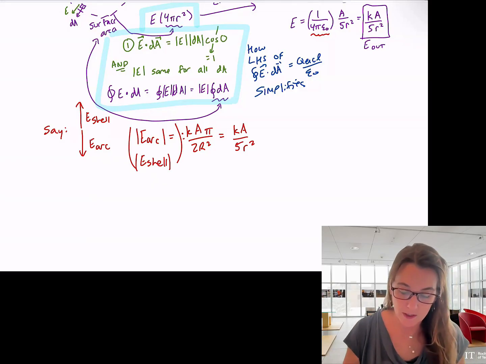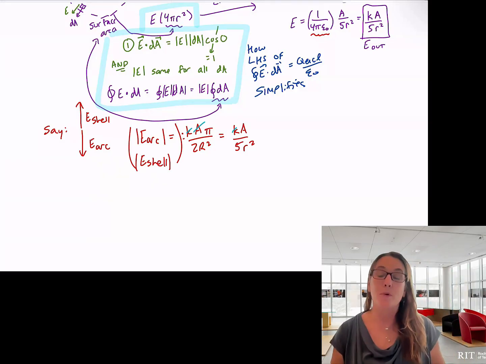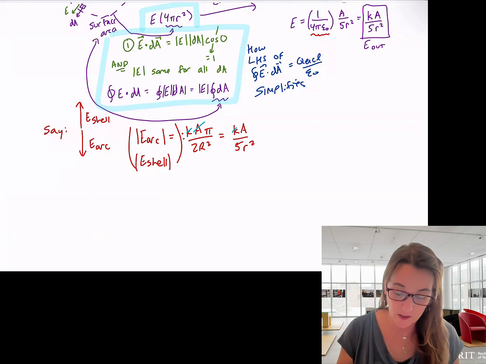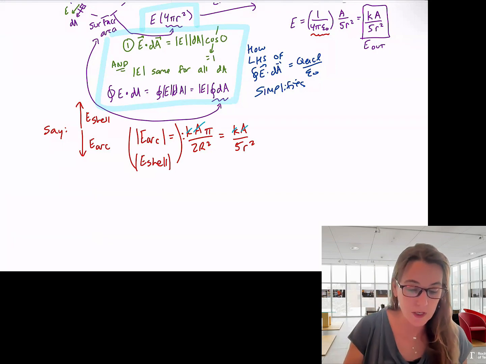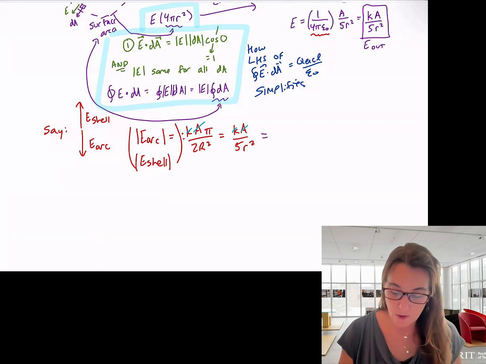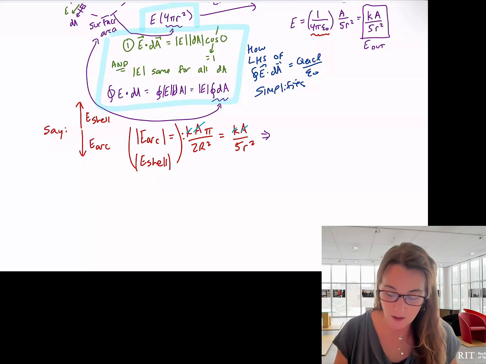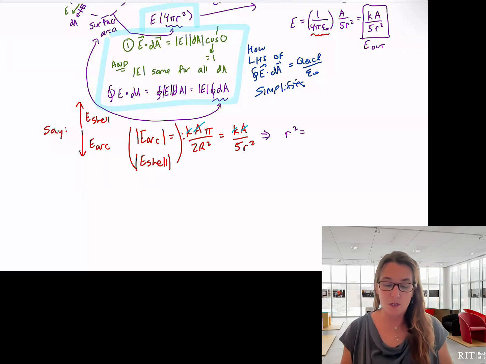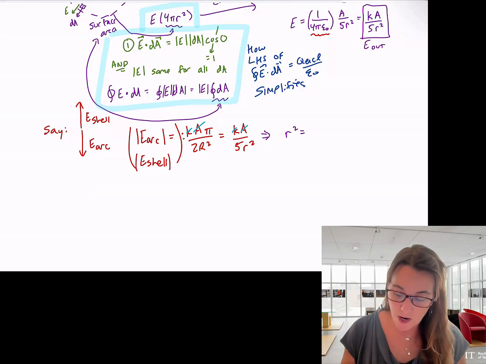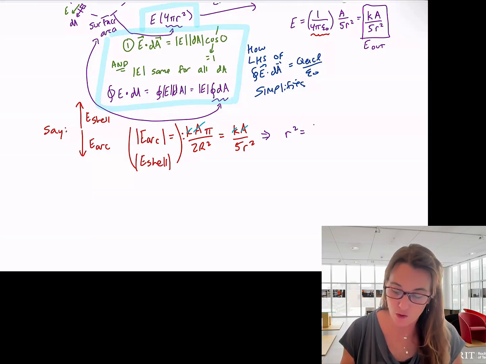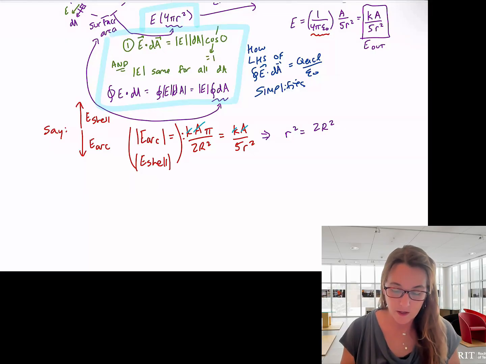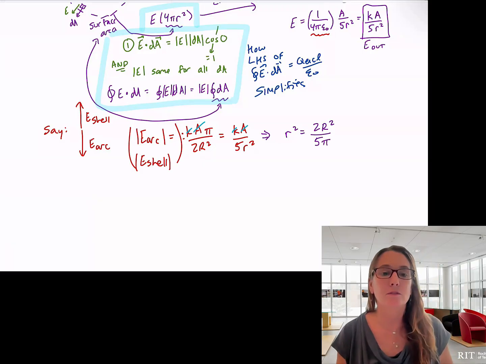At this point, I can see that my K's and my A's cancel, and I'm left with a pretty nice result, which is simply that my little r squared is going to be equal to 2 capital R squared over 5 pi.